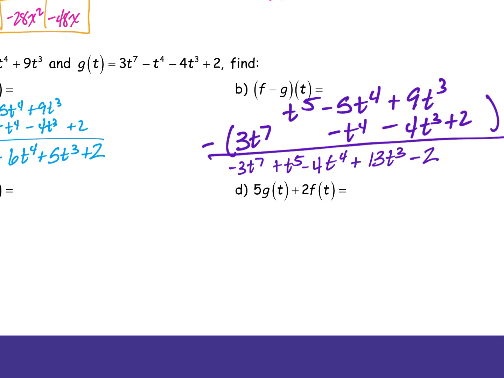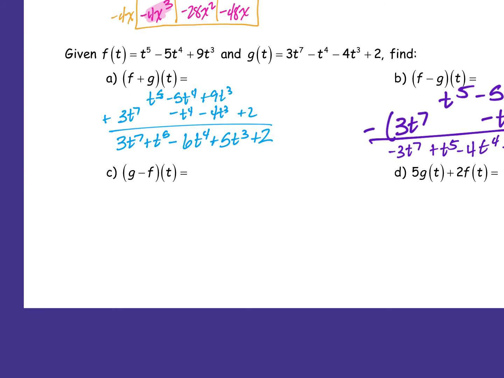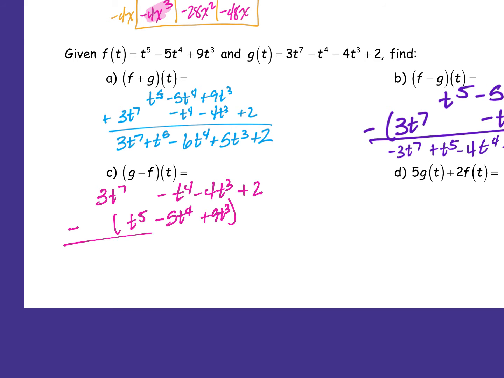Yeah. Okay. And then they want me to take g minus f. Okay, so g is 3t to the 7th minus t to the 4th minus 4t cubed plus 2, minus t to the 5th minus 5t to the 4th plus 9t cubed.